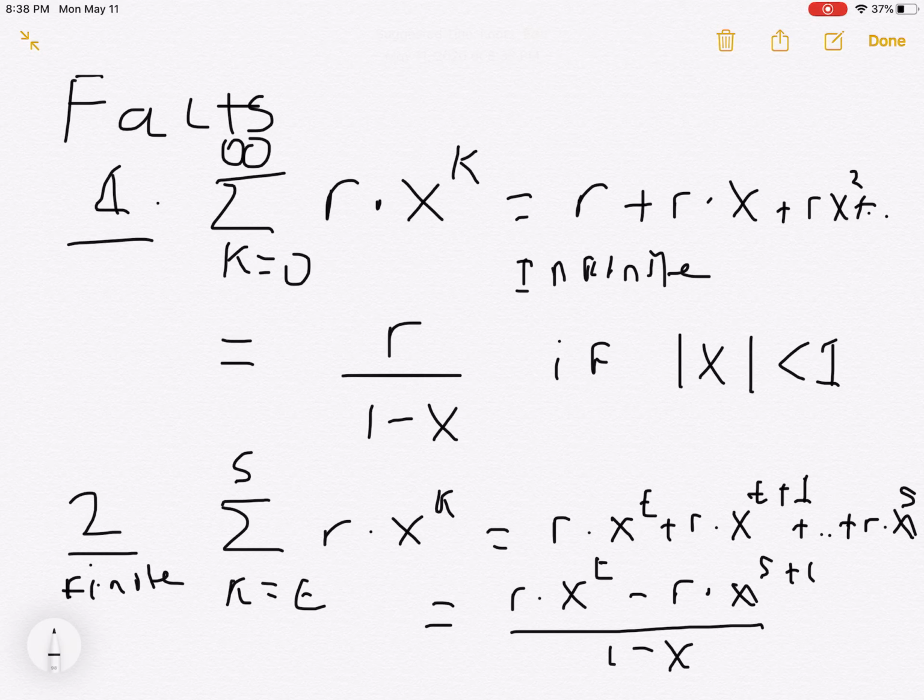That's its sum, okay? And you could check what this finite series is using fact 1 if you wanted, okay? So those are just two facts I want you to have in the back of your mind, okay?